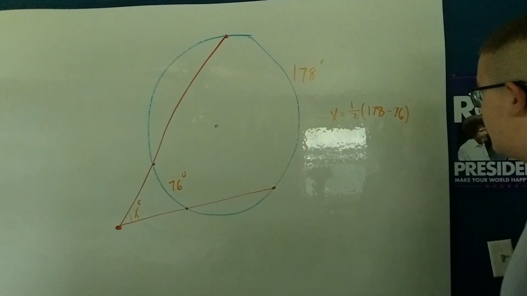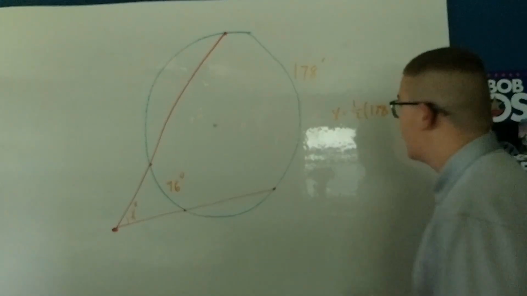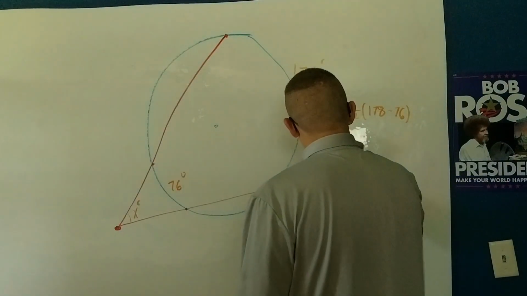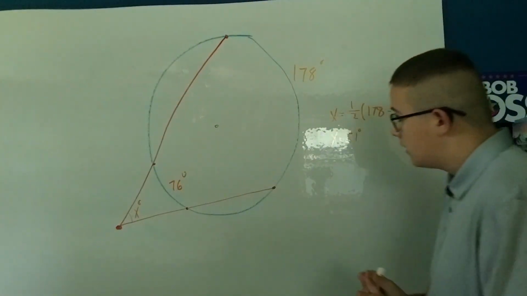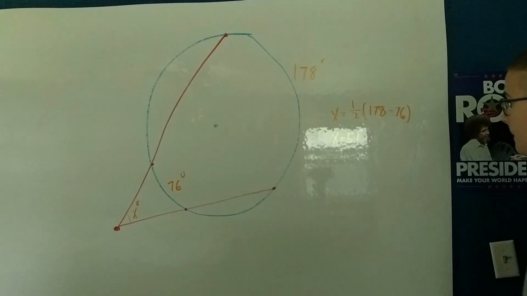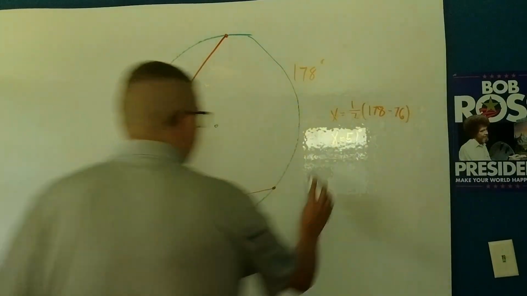And then from there, if you solve that, I mean, you all know how to solve an equation. You get X equals 51 degrees, like that. And that is your answer here for problem number 1.